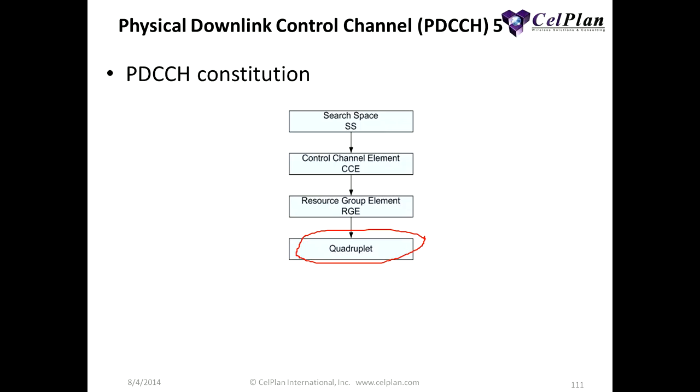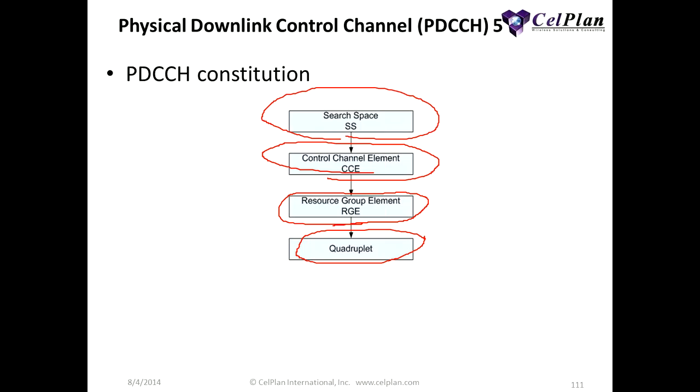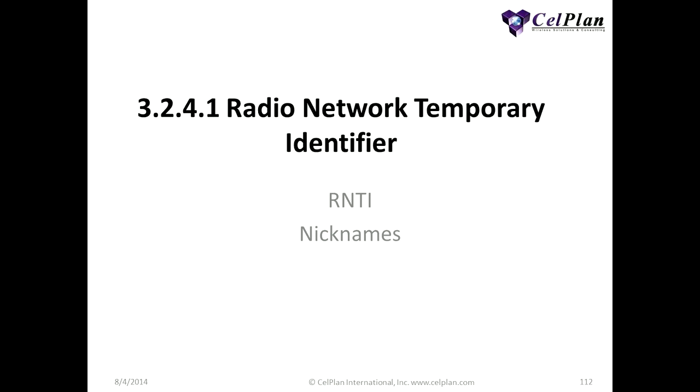So basically we have a quadruplet, then we have a resource group element, we have the control channel element, and we have finally the search space. That's how the PDCCH constitution is done. Okay, we will use all of those concepts as we evolve.